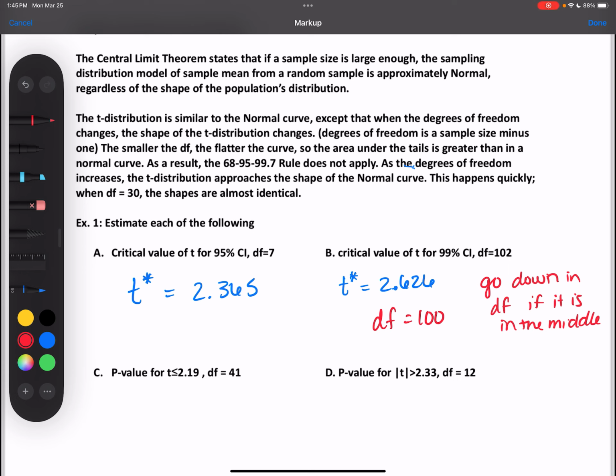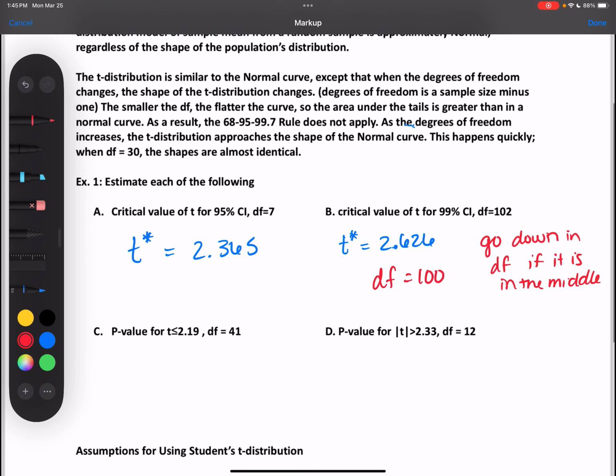All right, now these next ones say the p-value for t less than or equal to 2.19 with degrees of freedom 41. So this one we actually have to do something a little different. You're going to need your calculator, and you're looking for the function TCDF.